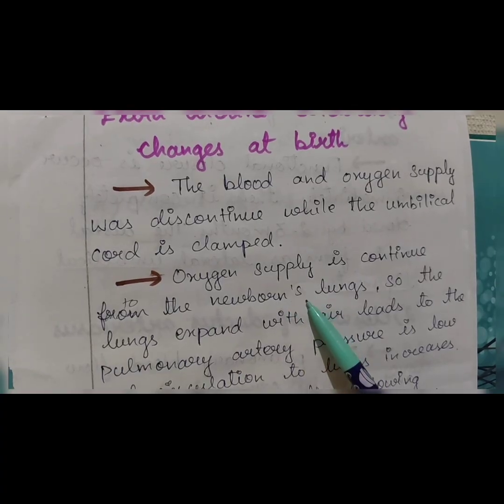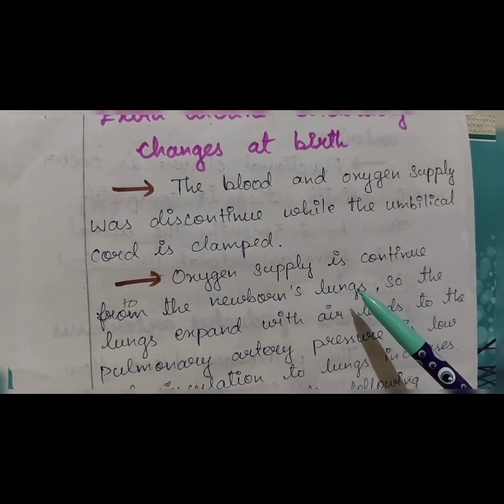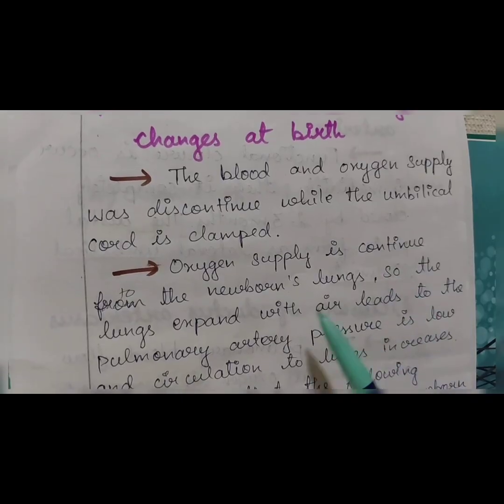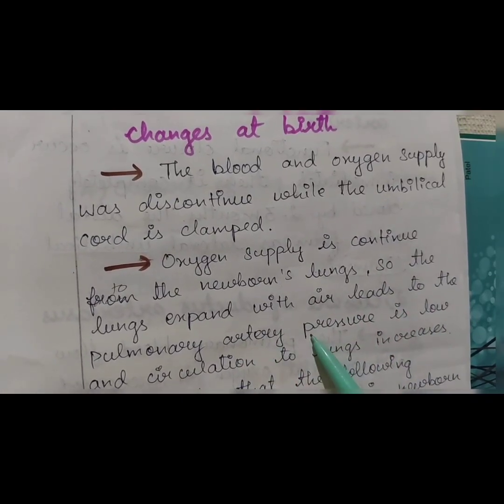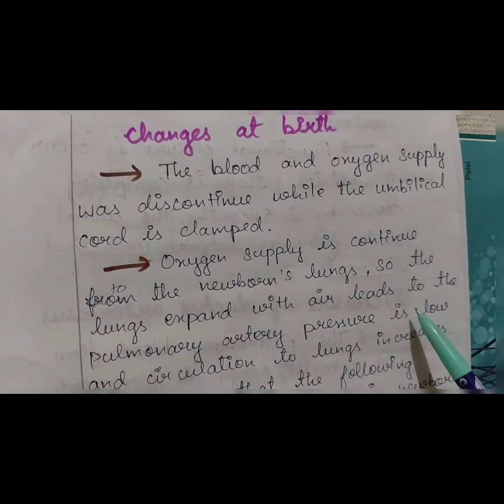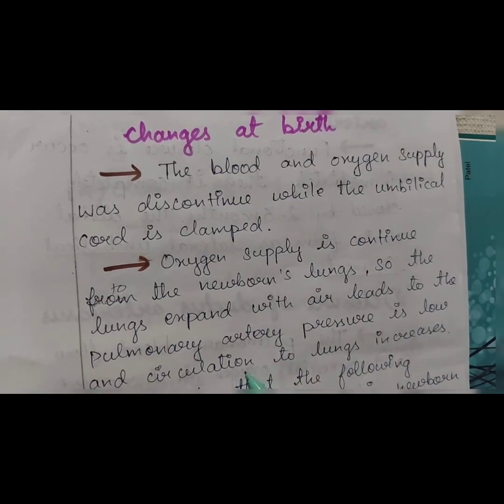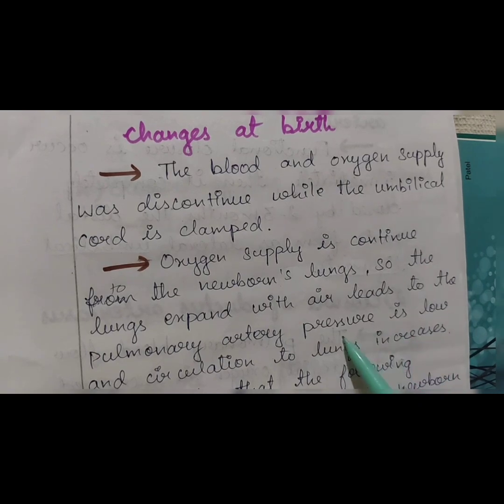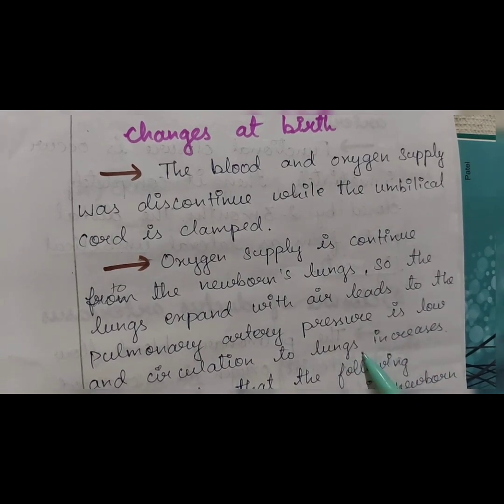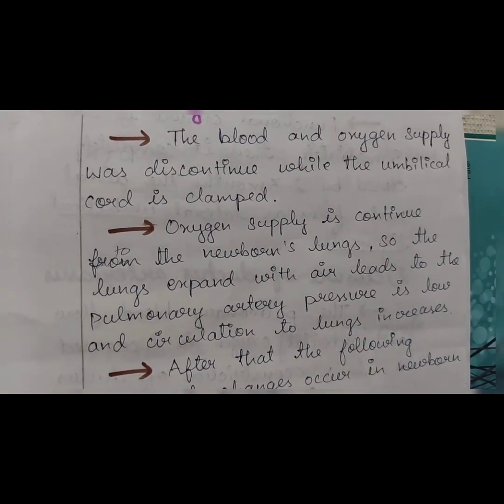As the baby gets the first air, the lungs expand with air, pulmonary artery pressure is low, and circulation to the lungs increases. So pressure is low, so circulation increases.